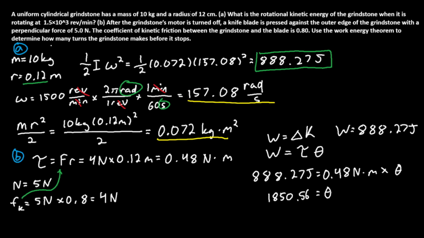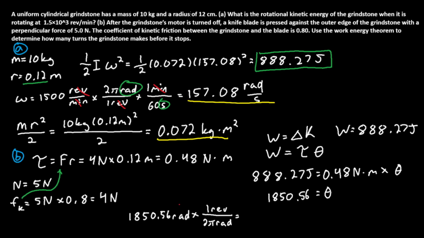This isn't in how many turns a grindstone will make. So we want to turn this into revolutions. So if you have 1850.56 radians, all we need to do is do some unit conversion. So 2 pi radians is equal to 1 revolution.